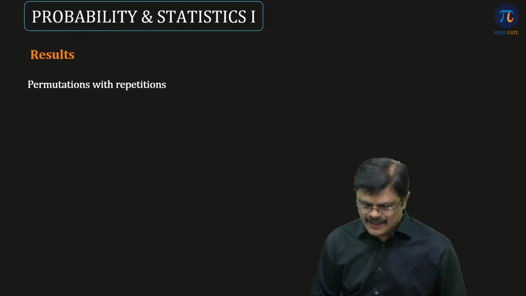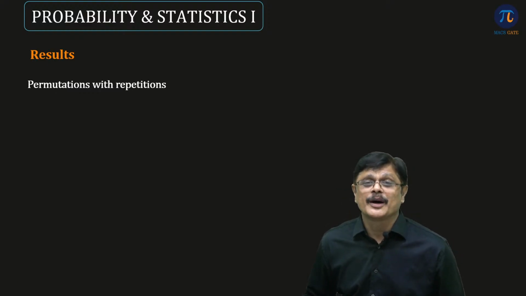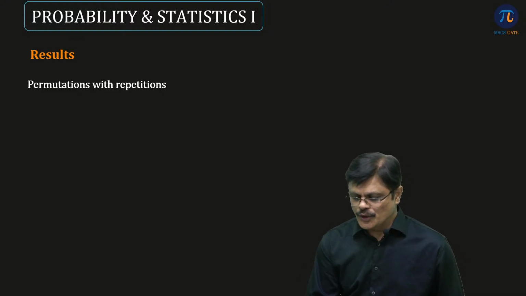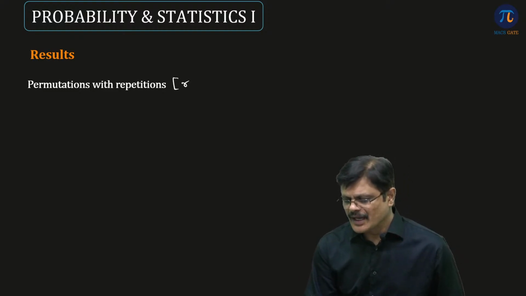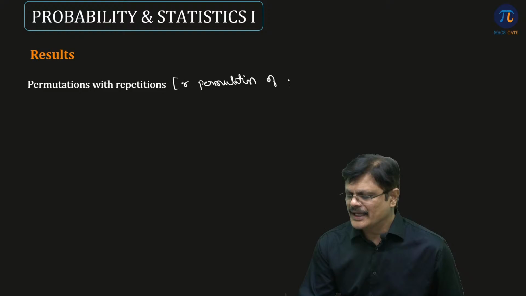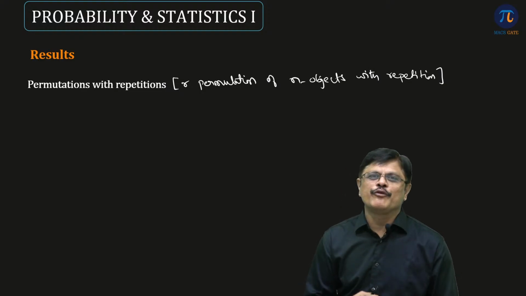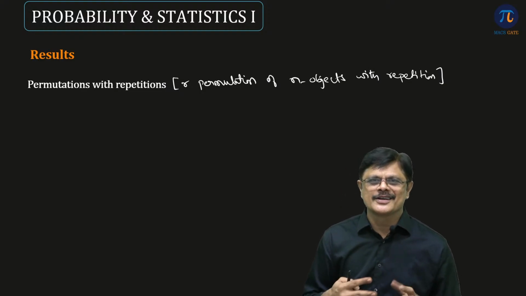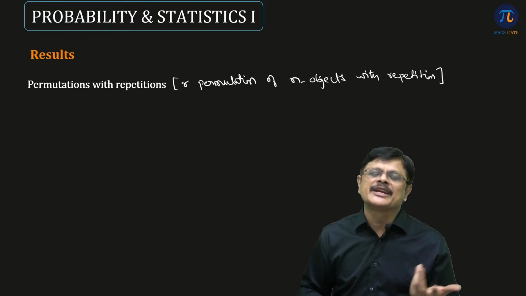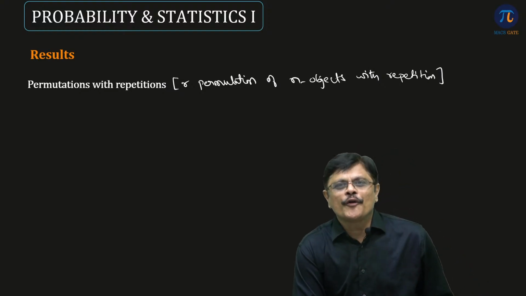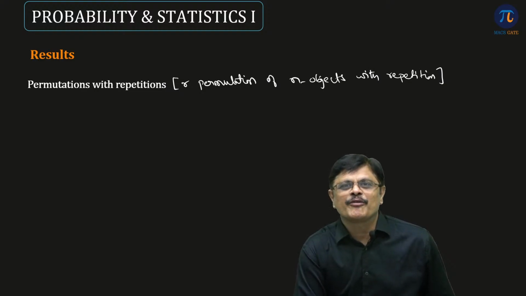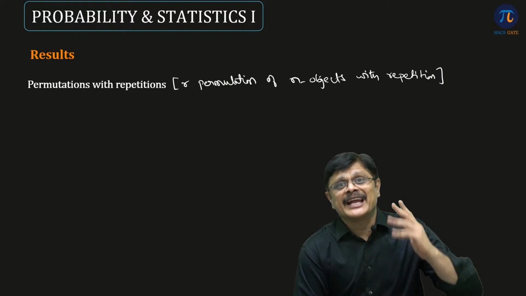Now let us move on to the permutations with repetitions. So here we are looking for r permutation of n objects with repetition. So it is not like selecting 4 people out of 10 people. It's not like that, because the 10 people cannot be with repetition. You may be selecting 4 fruits from 10 varieties of fruits where each fruit may be having any number.